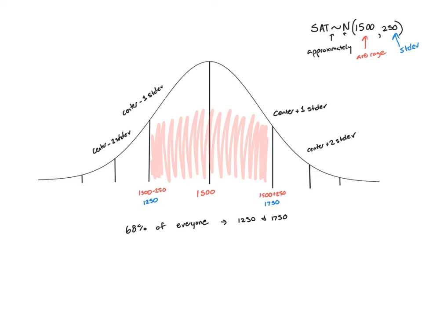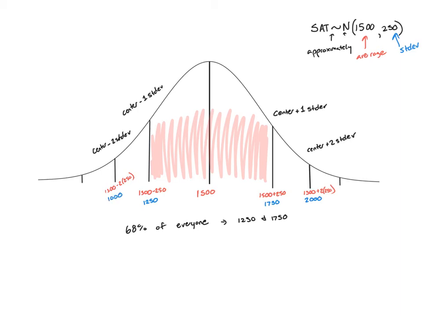To get that value, I'd take my 1,500, my average, and I'd add 2 times 250. And over on this side, I'd take my average of 1,500, and I'd subtract off 2 times 250. So doing that, on the upper end here, I'll get 2,000, and on the lower end, I'll get 1,000.